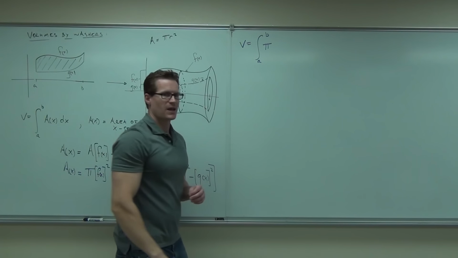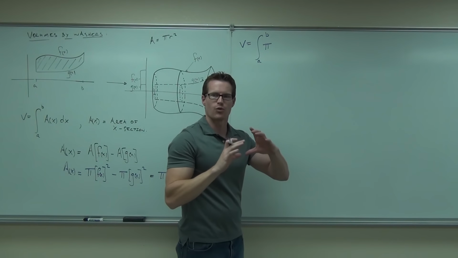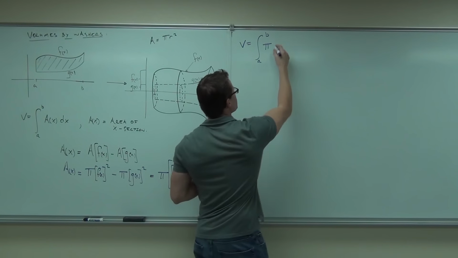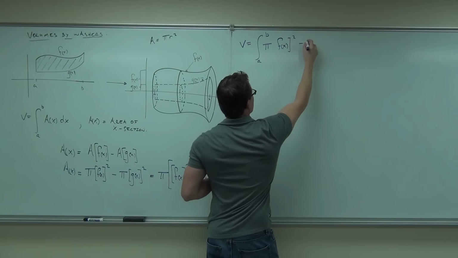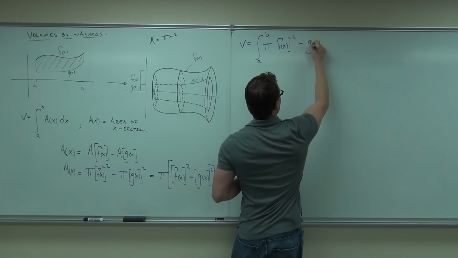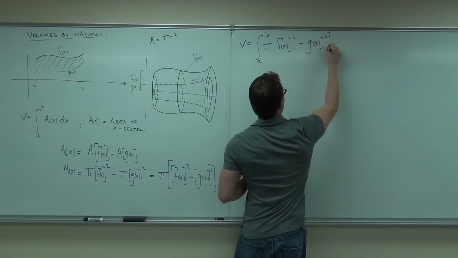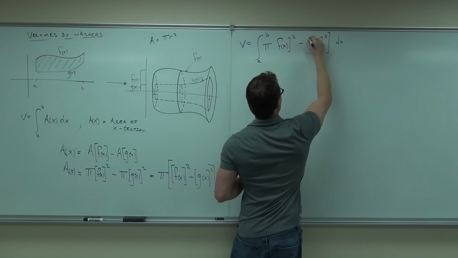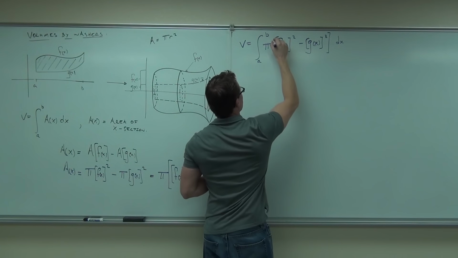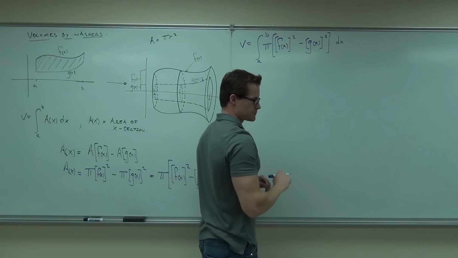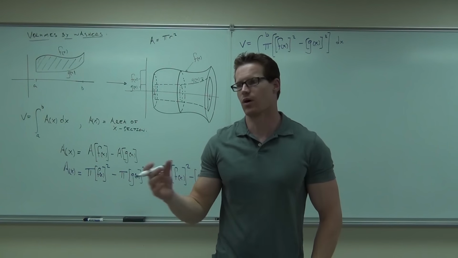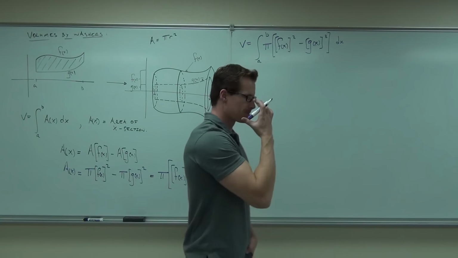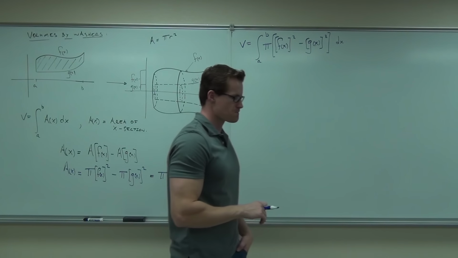Pi is going to be there. We're just going to integrate the surface area of a washer from a to b. That right there is called the volume by washers. That's what we just found.